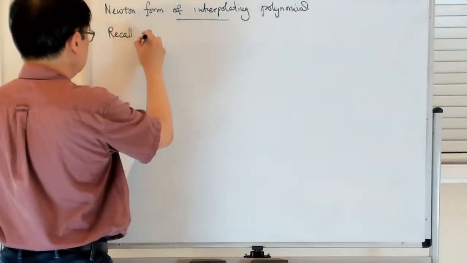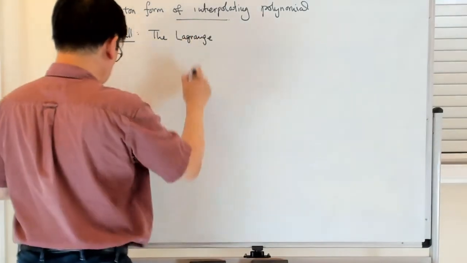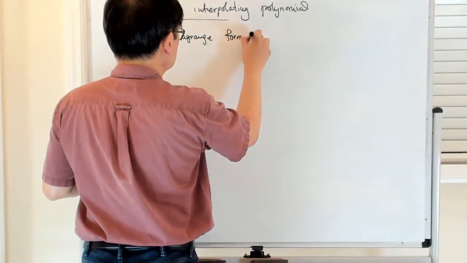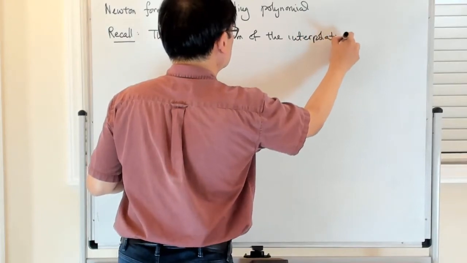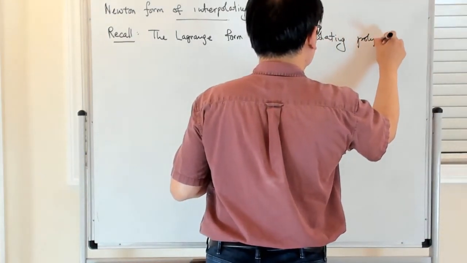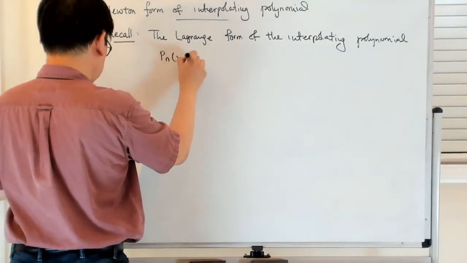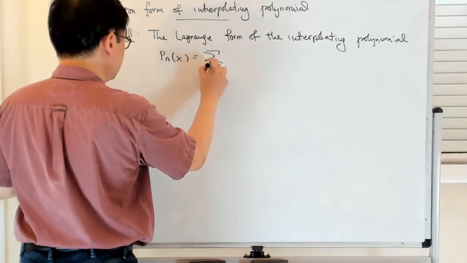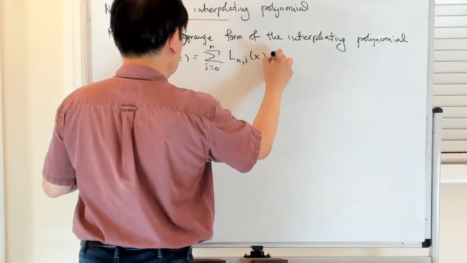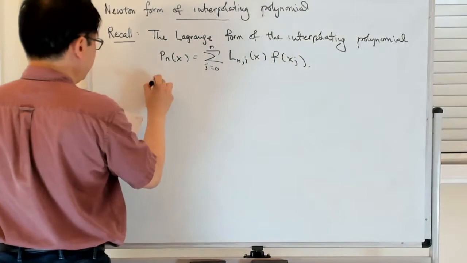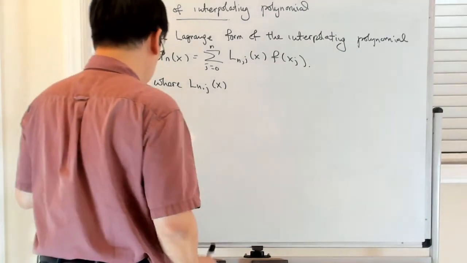So recall that the Lagrange form of the interpolating polynomial is Pn of x equal to the sum from j equals 0 to n of L_nj of x times f at xj, where L_nj is the Lagrange polynomial.